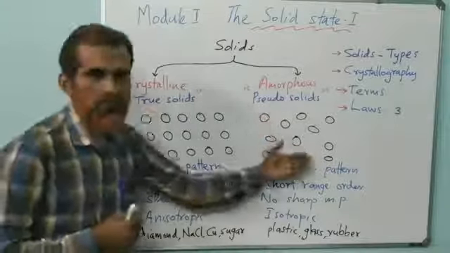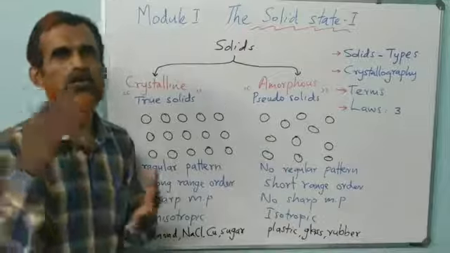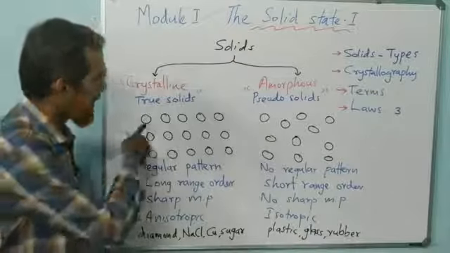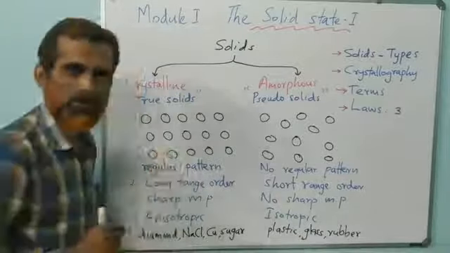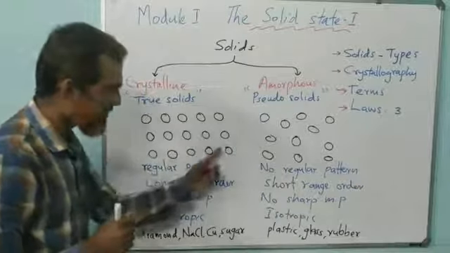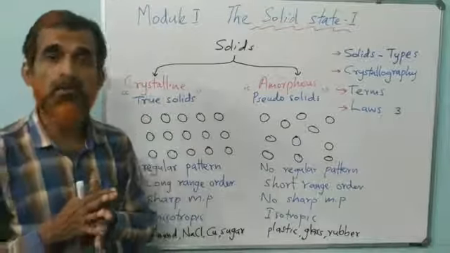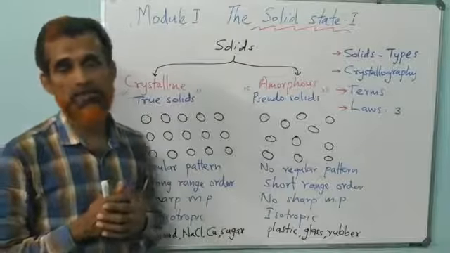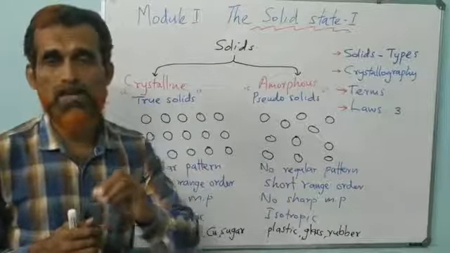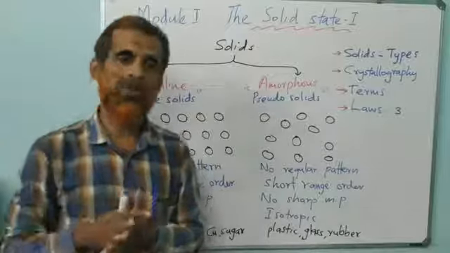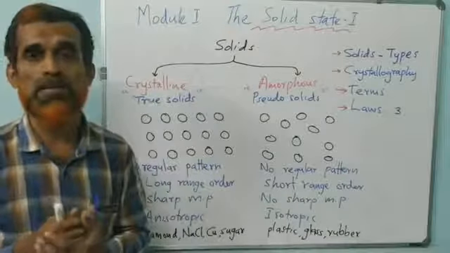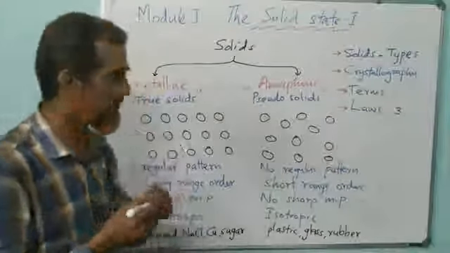What are the differences between crystalline and amorphous solid? You know that. See, looking at this arrangement, you can see here there is a regular repeating pattern for the arrangement of particles. The constituent particle present in a solid, which we call in crystallographic term as motifs.